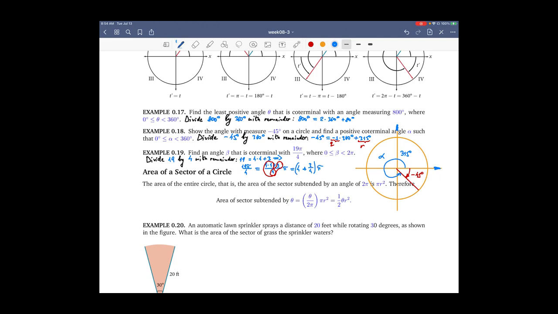And of course this is 4 pi plus 3/4 pi. Now 4 pi simply is 2 times 2 pi. I'm now dividing by 2 pi. That's 2 full revolutions plus 3/4 pi.